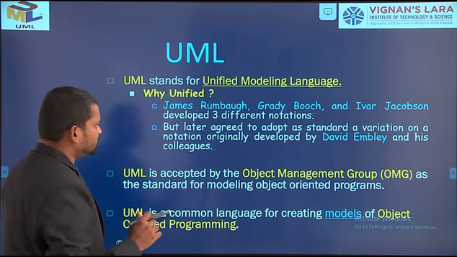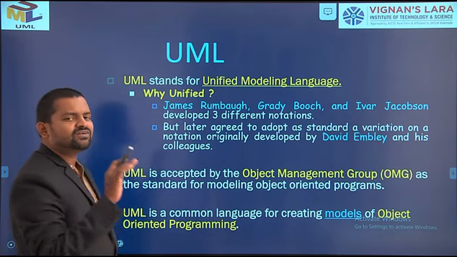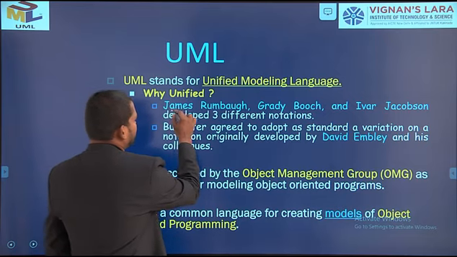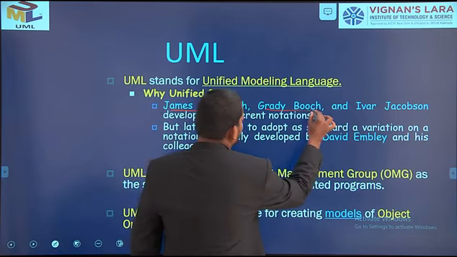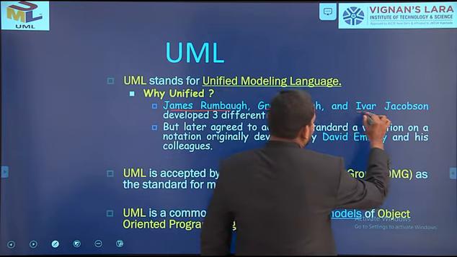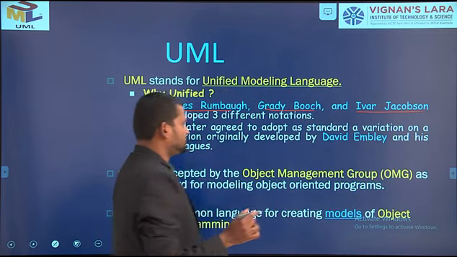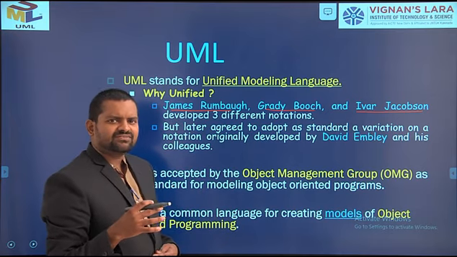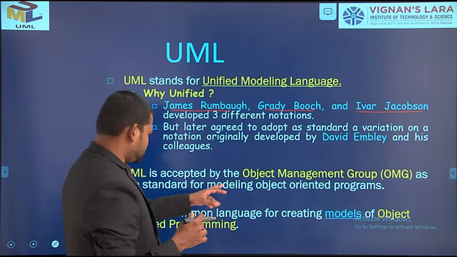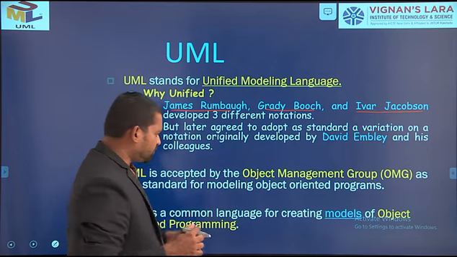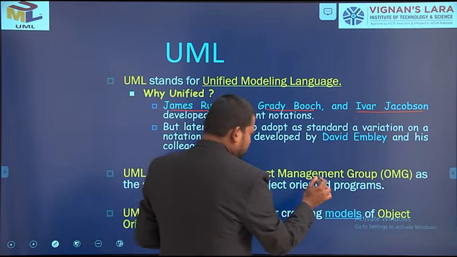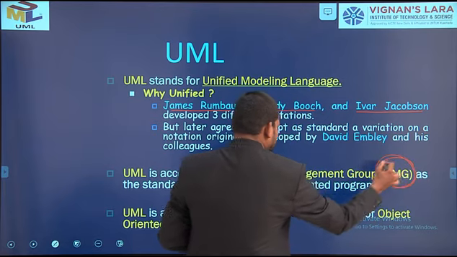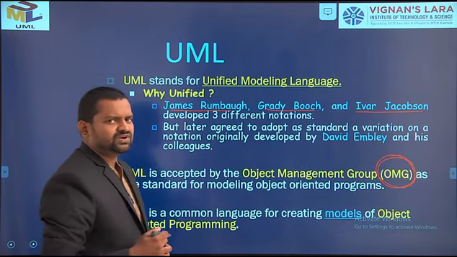Why do we use the Unified Modeling Language? It was developed by James Rumbaugh, Grady Booch and Ivar Jacobson. These three together formed a group. The group name is Object Management Group, and they developed this Unified Modeling Language.